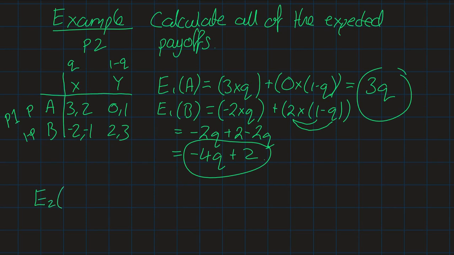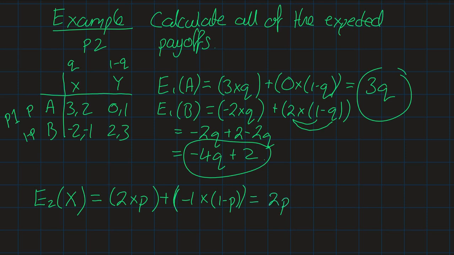So E2 of X, the expected payoff for player 2 if they play X. If player 2 chooses to play X, they're going to win 2 points P of the time and minus 1 point 1 minus P of the time. If we write this out, that's 2 times P plus minus 1 times 1 minus P. Let's simplify this.